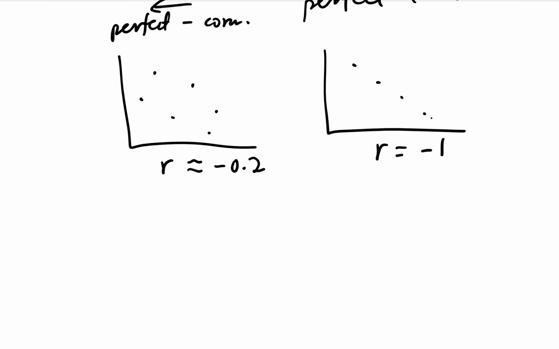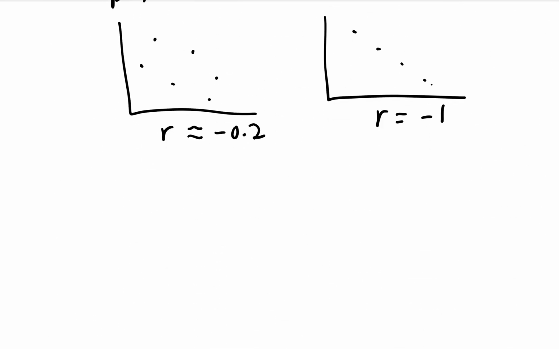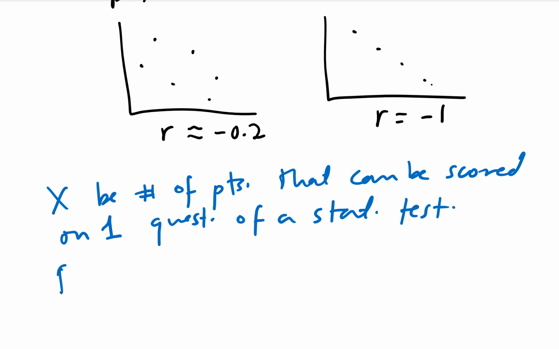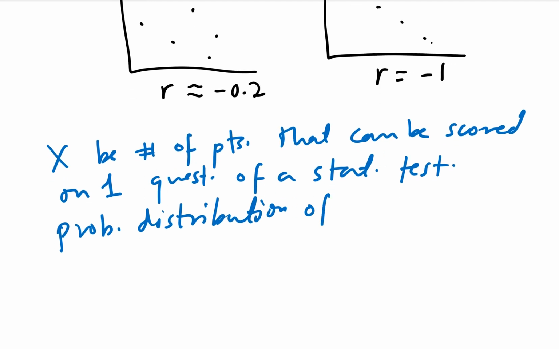Next, we let X be the number of points that can be scored on one question of a stat class or stat test. We have the probability distribution of how students did.